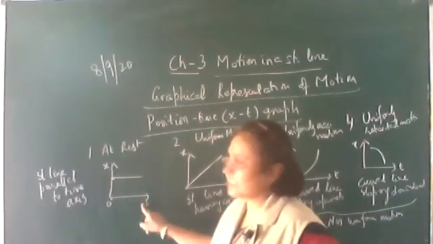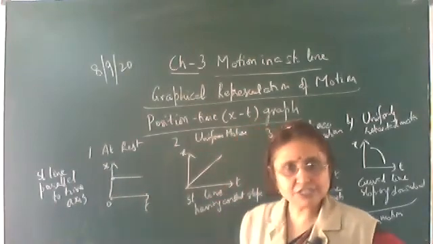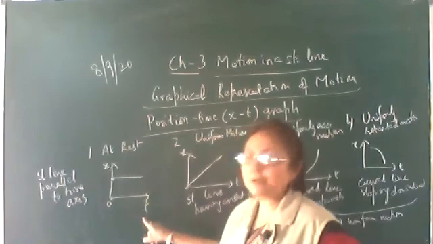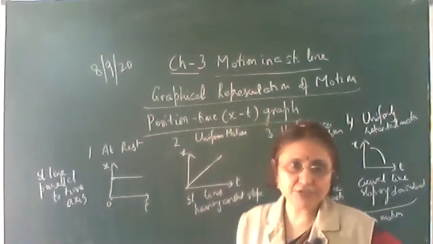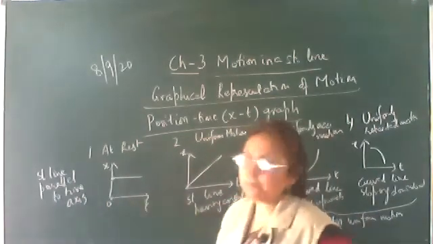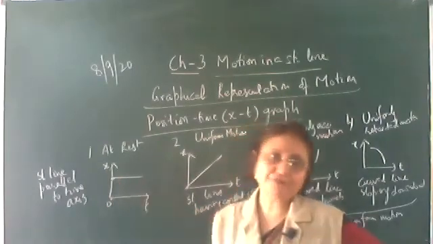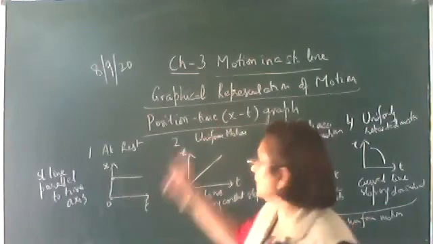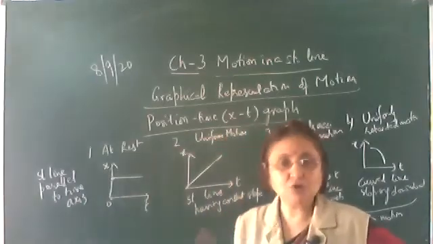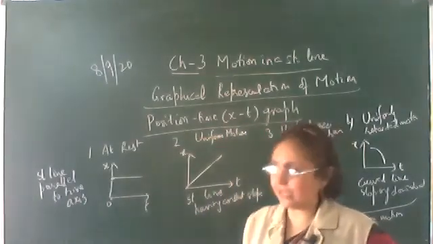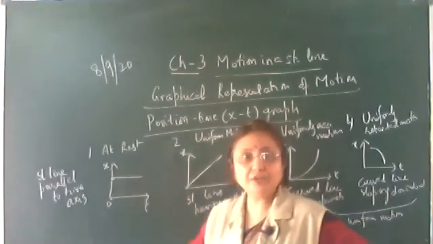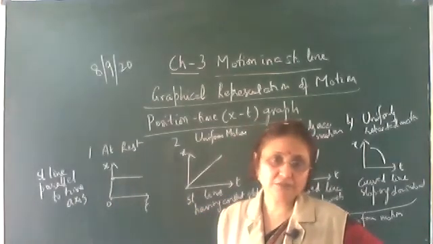If it is a distance time graph, we can find out the speed. If it is a displacement time graph, we can find out the velocity. So the slope of the position time graph line will give the velocity of the object.